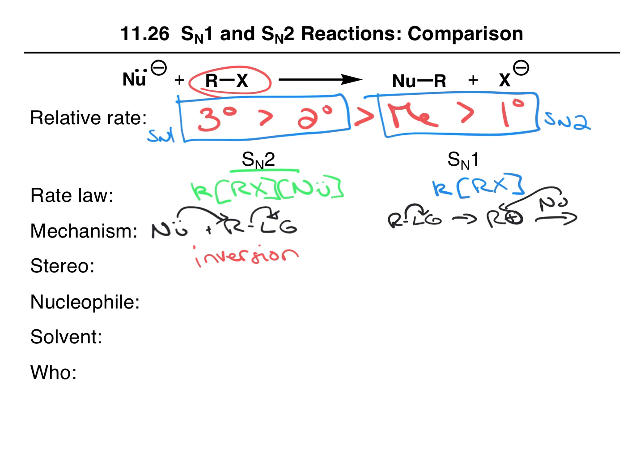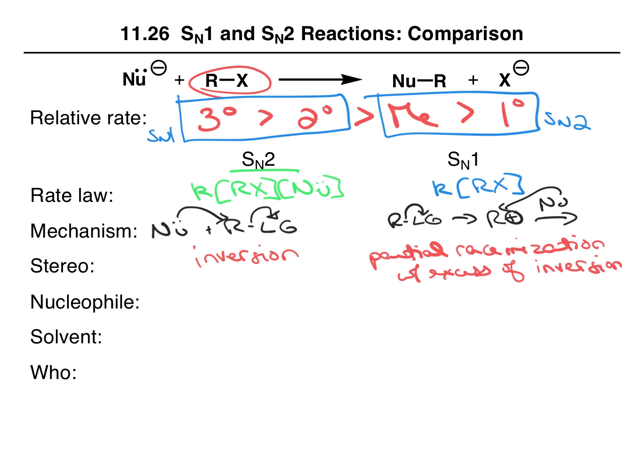Because the carbocation is planar, we're going to get some racemization resulting from the nucleophile adding to either face of the carbocation, but because the leaving group can still be in the way, we will get an excess of inversion.